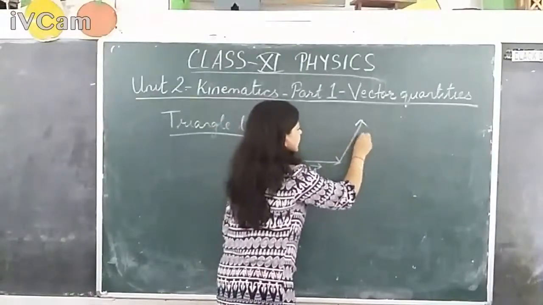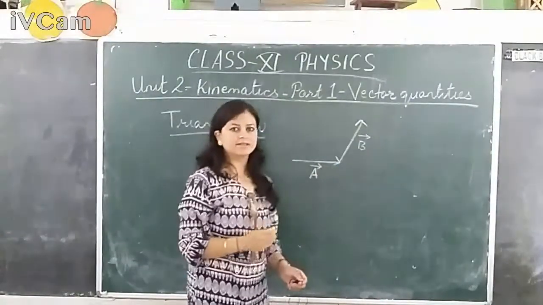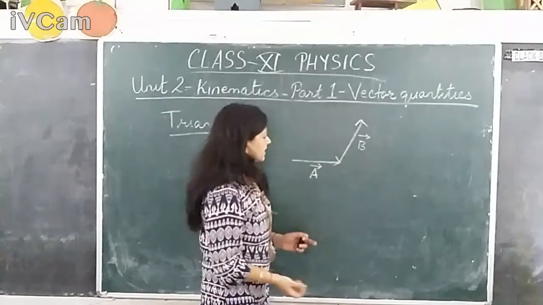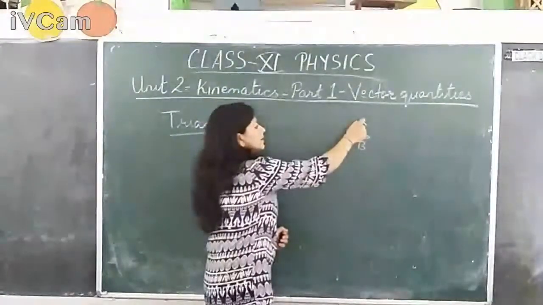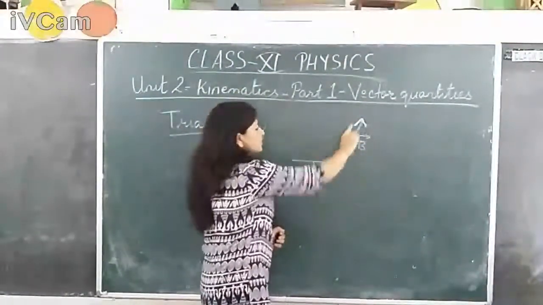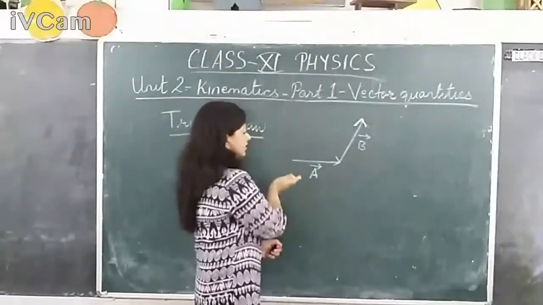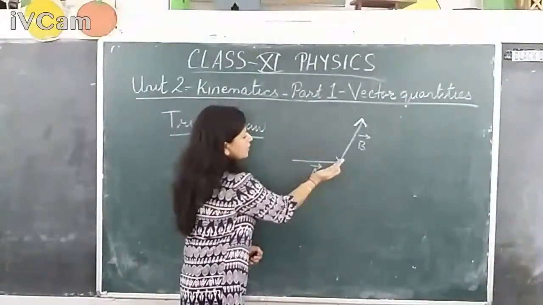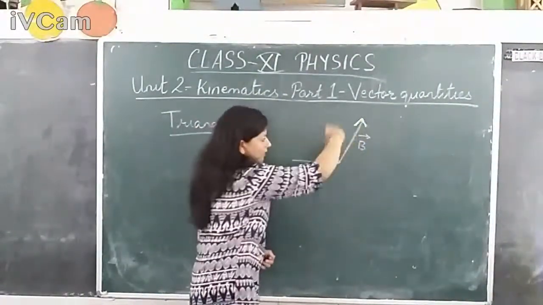Now this is my A and this is B. These two are the two vectors represented in magnitude. Constitute the two sides of a triangle taken in the same order. If you can see, this arrow is going here, that means the order has not changed. This arrow has not come down.